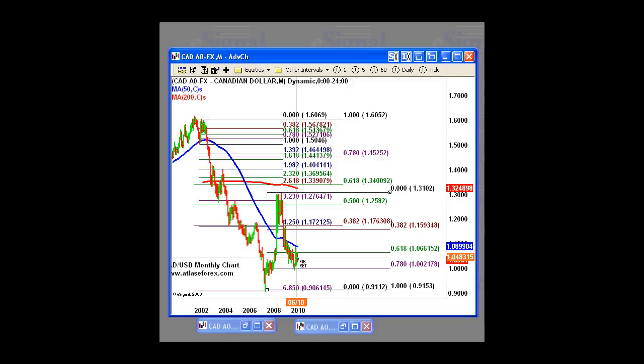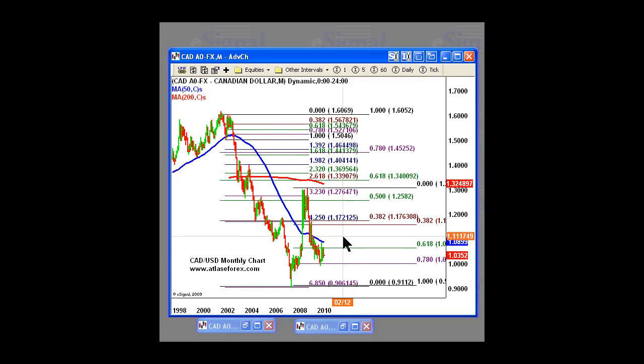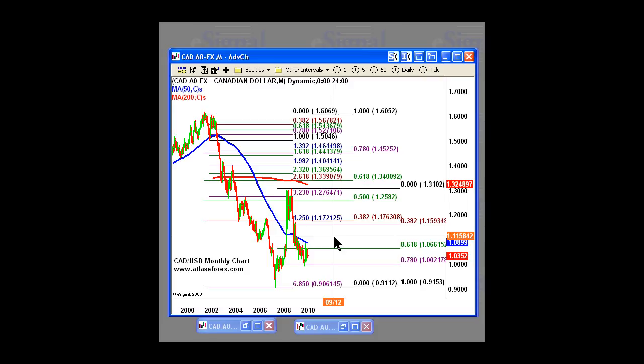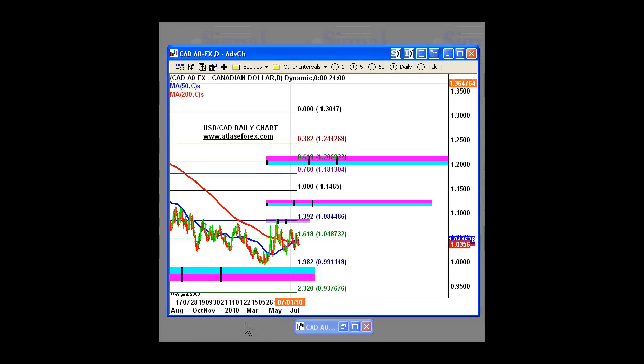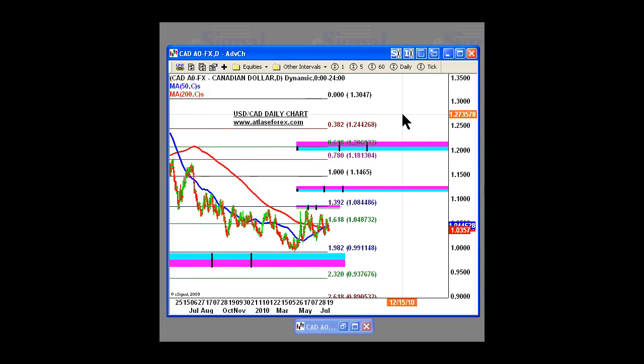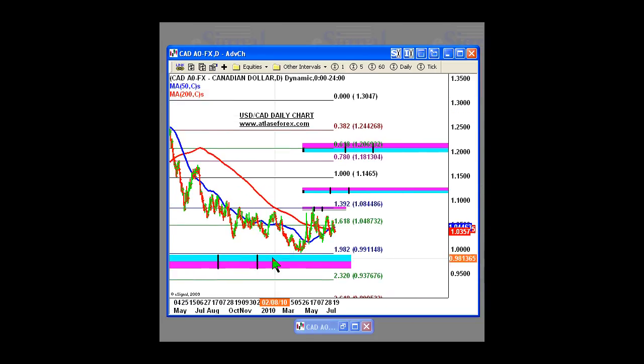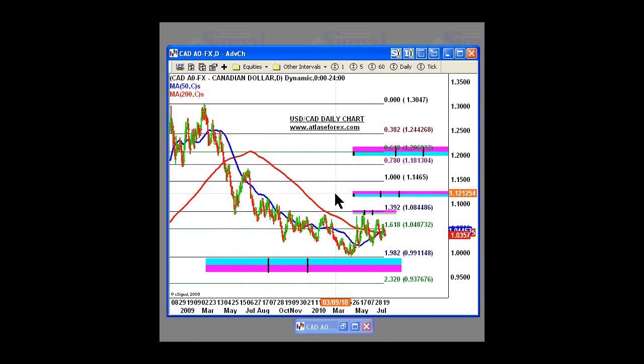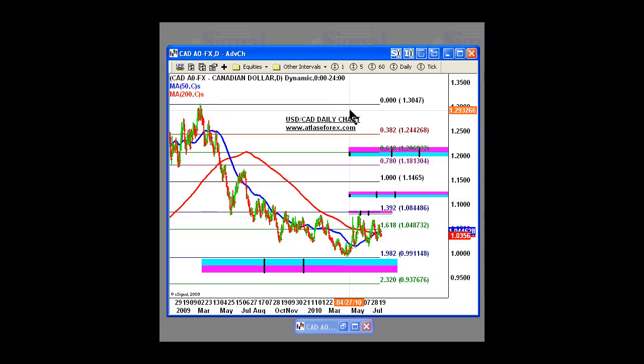What is next? Hold it. Now the monthly gives us an indication. Yes, it does. Let's go to see the daily. Look at the daily. Again, the daily shows us the Fibonacci, right?